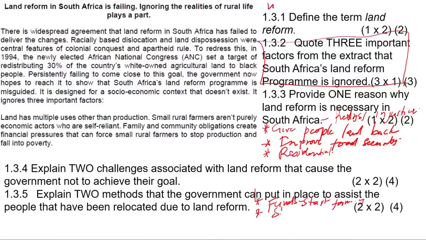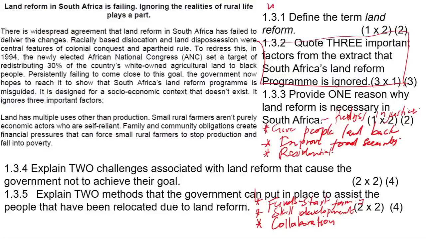The government can provide them with skill development so that they can know what to do as farmers. Number 2, the government can also do what we call collaboration.